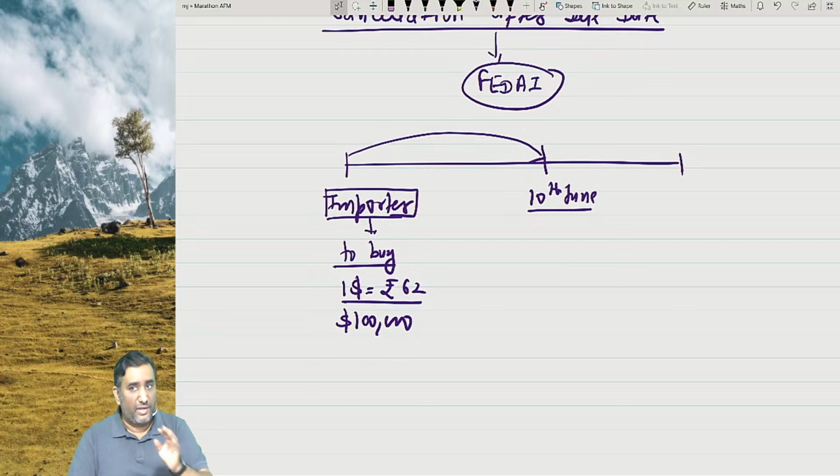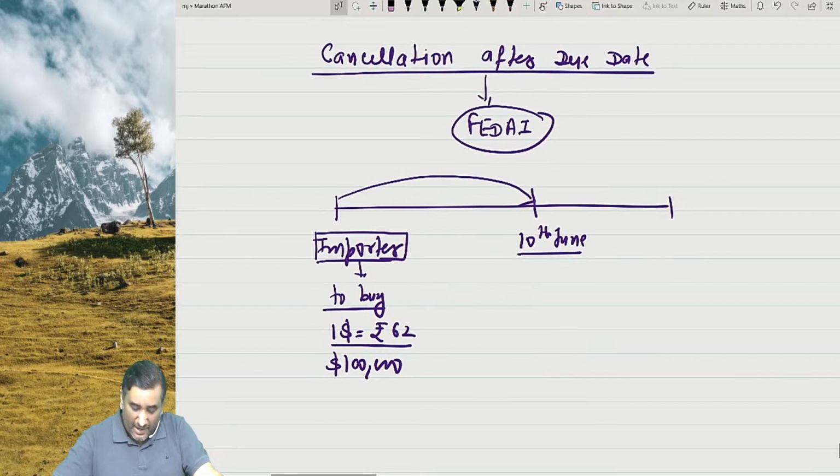Now we have done a couple of questions by now. Maybe in some of the questions it is said, you did the agreement, the bank has done the agreement, and the bank covered itself. Bank covered itself, but we never use that covering position. Now what this agreement is, you are the importer, I am the bank, you have done the agreement with me, you'll come on 10th June and buy dollar from me at what? 62, and certainly the bank would have done the agreement on 0 period only, on 10th June.